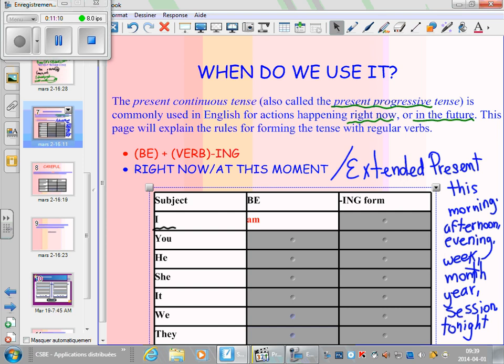If I compare walk with another verb, for example, walk and eat. So walk, you're going to do what with it? Walked. And eat, eaten. That's for when it's simple past, right? But now we are at the present continuous or present progressive.